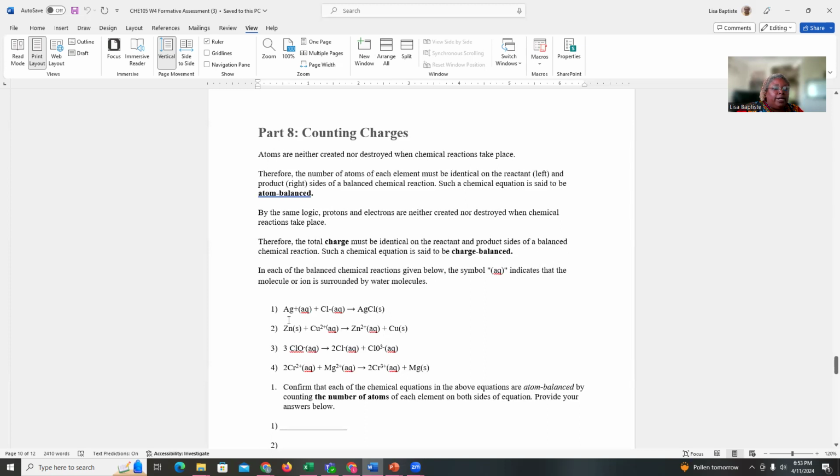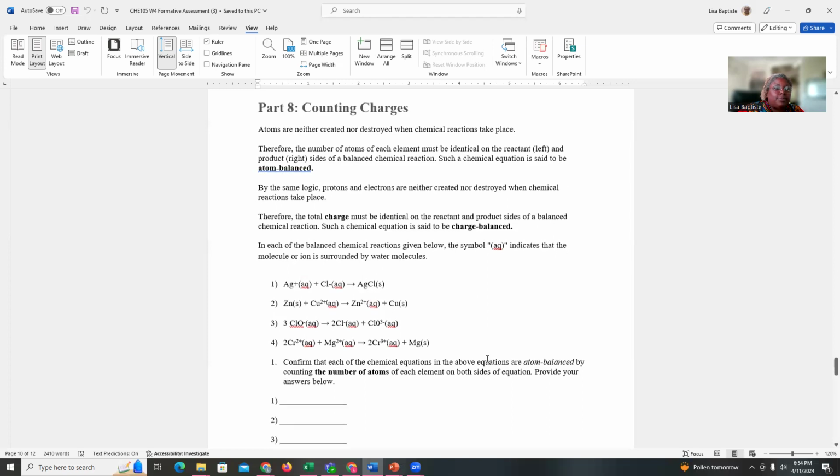For number 1, you have a plus charge here, and then you have a negative charge. So if we add a plus 1 to a negative 1, that's going to add up to 0. On the product side, it's a compound, and there's no visible charges here. And so if you don't see a visible charge, then the charge is 0. And so we have a 0 on the reactant side, 0 on the product side, so the charges are balanced.